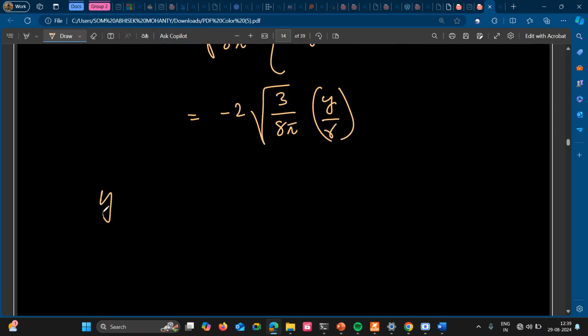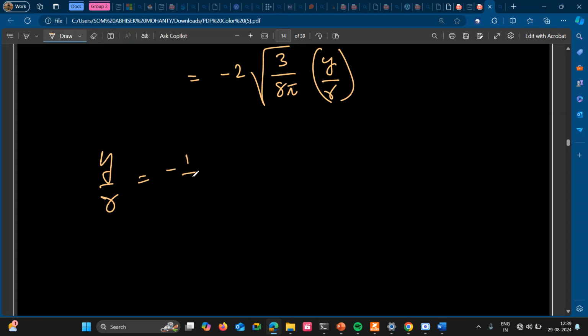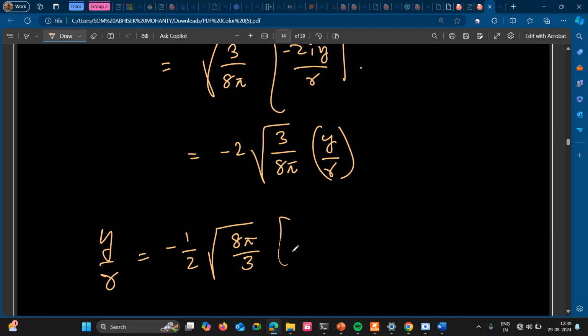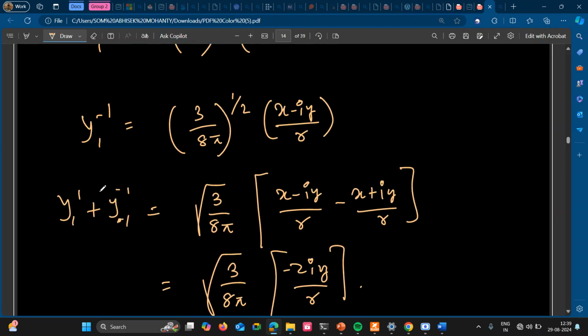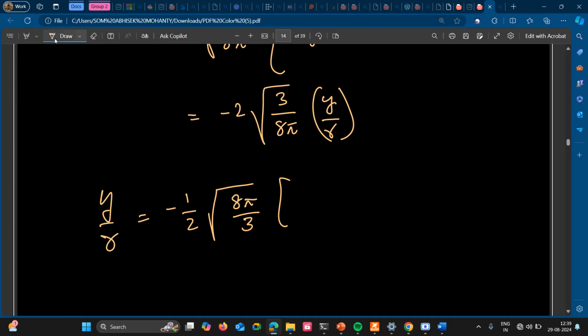Let's get y by r: y by r is equal to minus 1 by 2 root over of 8 pi by 3, (Y11 plus Y1 minus 1), in terms of capital Y, the spherical harmonics.